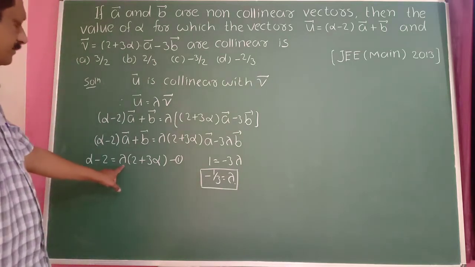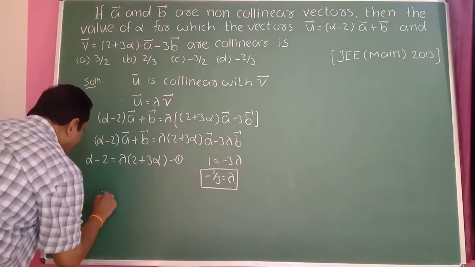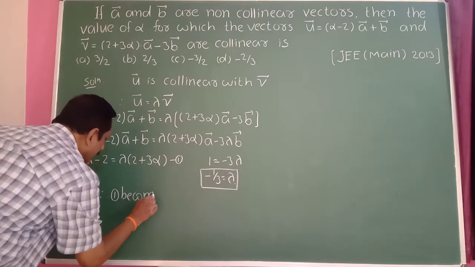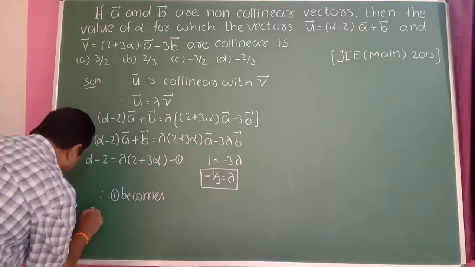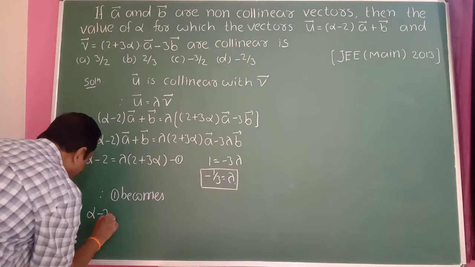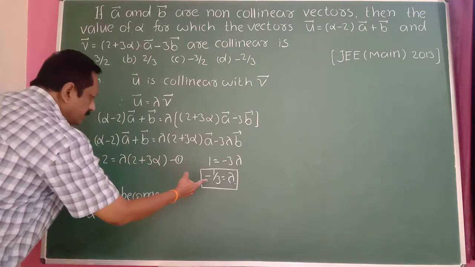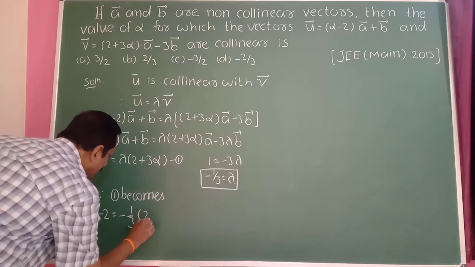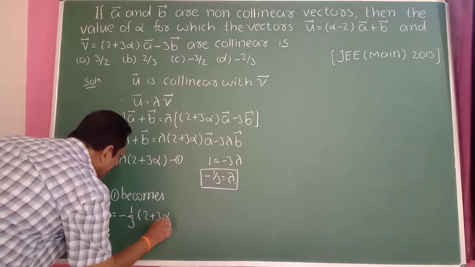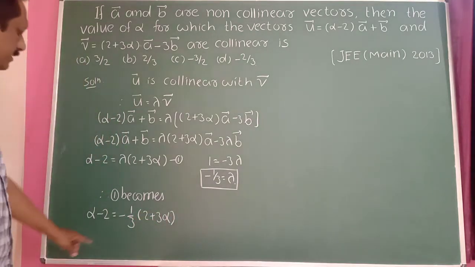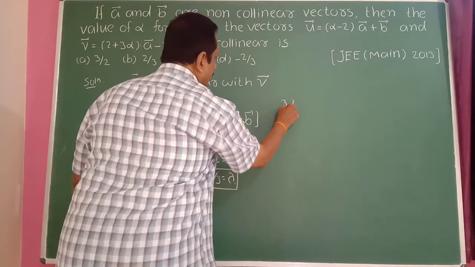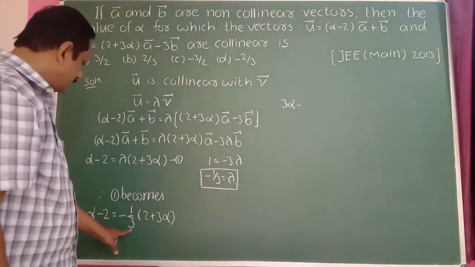So use it here. Therefore equation 1 becomes alpha minus 2 is equal to, lambda value is minus 1 by 3, so minus 1 by 3 into 2 plus 3 into alpha. Take 3 this side: 3 alpha minus 3 into 2 is 6.